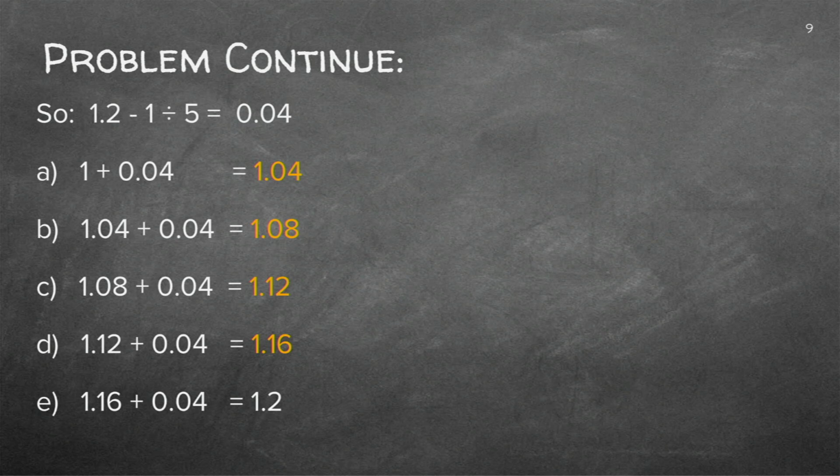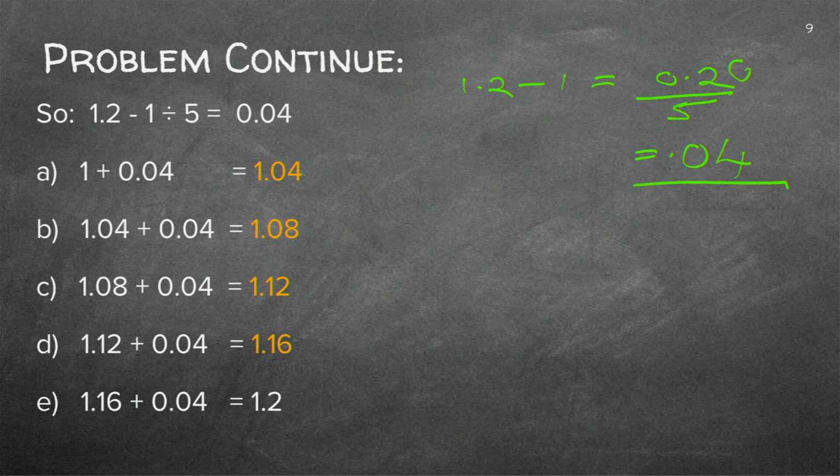So 1.2 minus 1 divided by 5 gives us 0.04. Remember, 1.2 minus 1 will give us 0.2 divided by 5. And if we divide that into that, 5 goes into that nothing, but in 20 it is 4. So it is 0.04.